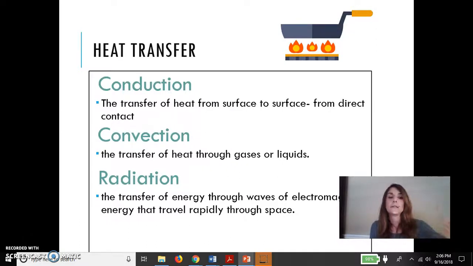With conduction and convection, the product we are cooking is cooked from the outside in. Typically the outside is a little more cooked than the inside. It seals whatever is inside, so it makes the inside nice and moist. Whereas radiation cooks from the inside out. So you cannot have something brown in a microwave.